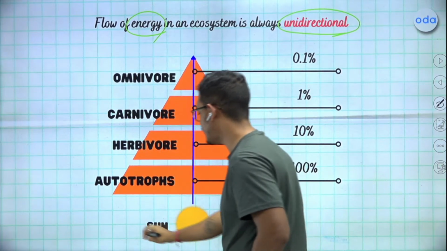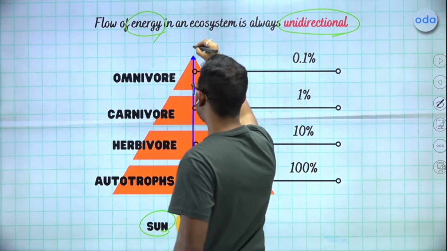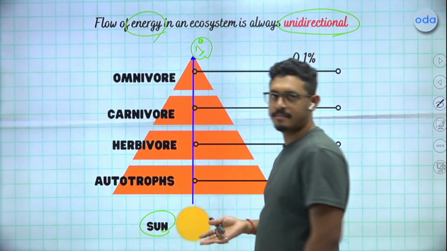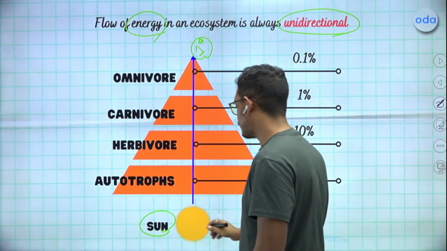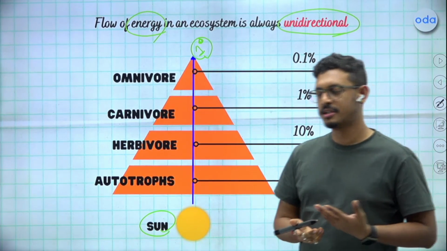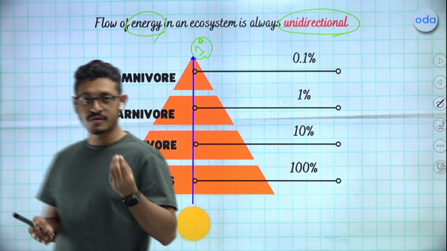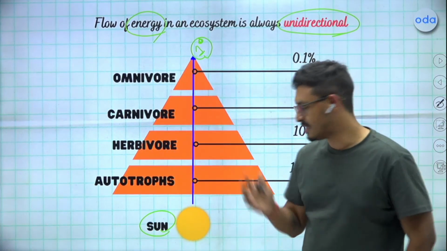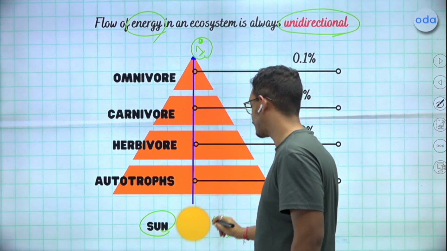It will start from the sun and go on till the number one predator or apex predator. Okay, so if you ever get a question in your exam that what is the source of energy on our planet, sole source of energy, remember that it is always sun.